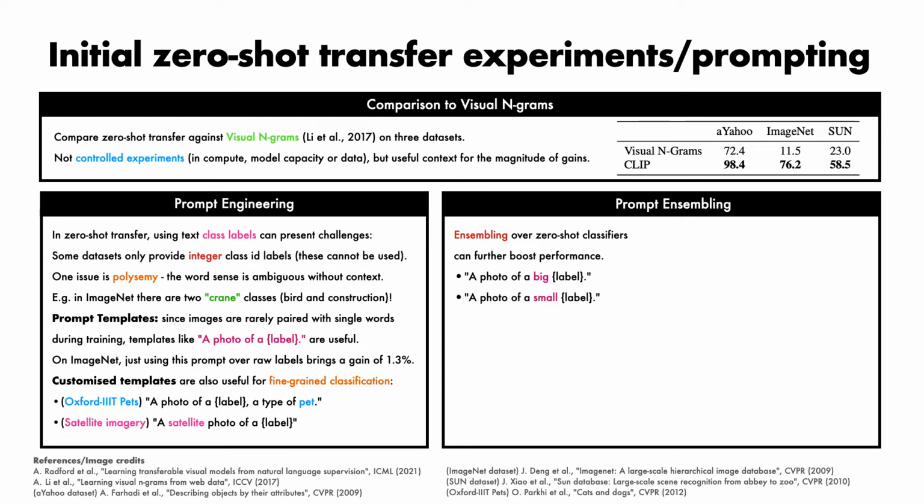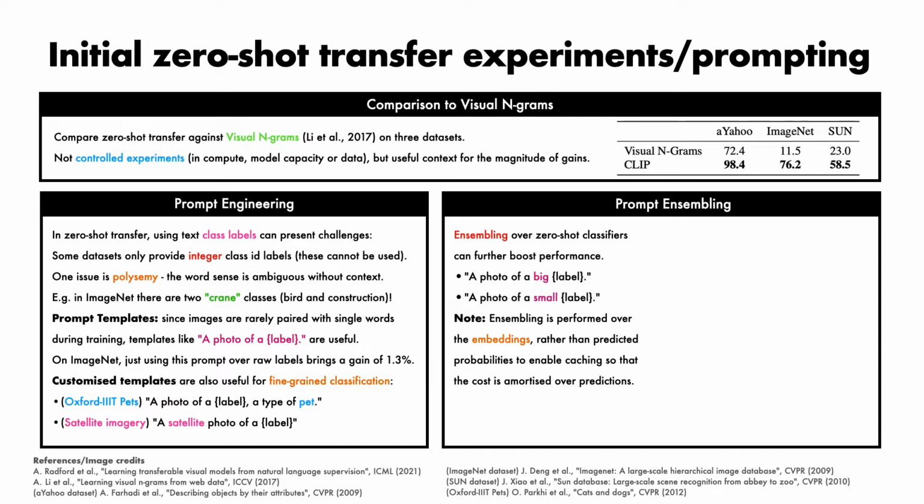In practice, the ensembling is performed over the embeddings rather than the predicted probabilities to enable caching, which allows us to amortize the cost of this operation such that it effectively adds no overhead over single prompt usage. It was found that by ensembling over a collection of 80 different context prompts, ImageNet performance was improved by a further 3.5% over using a single prompt.